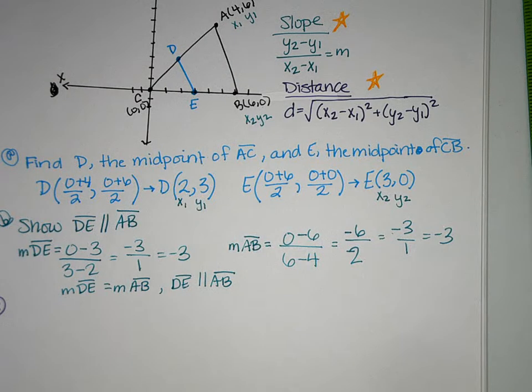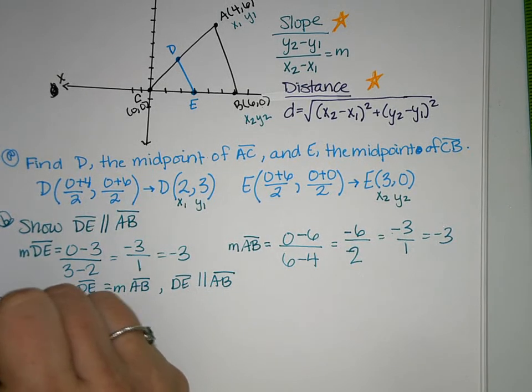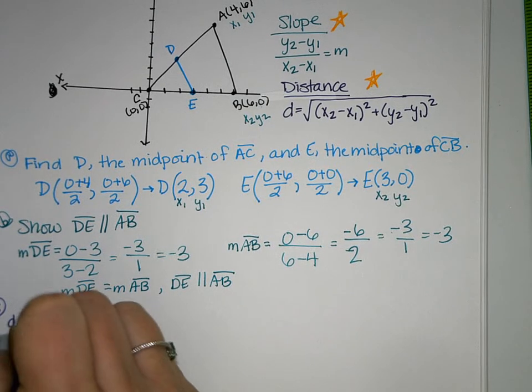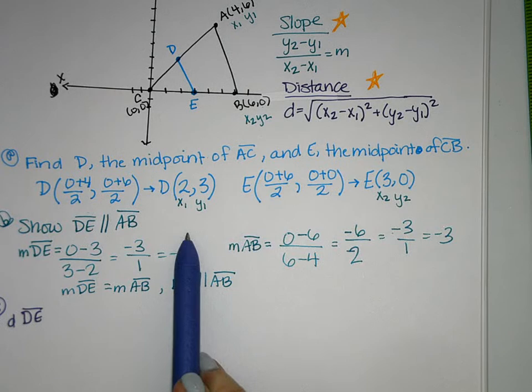So the last part here is to show that one distance is twice the other. So we're going to find each distance. We're going to find the distance between D and E and find the distance between A and B. So if we start with the distance between D and E, I'm just going to use the same x1, y1, x2, y2.